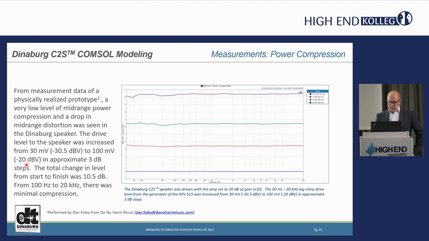It's been able to handle it, the input is raised in about 3 dB steps. The total level change from start to finish is about 10 dB from 100 to 20K, and there's very minimal compression going on here.